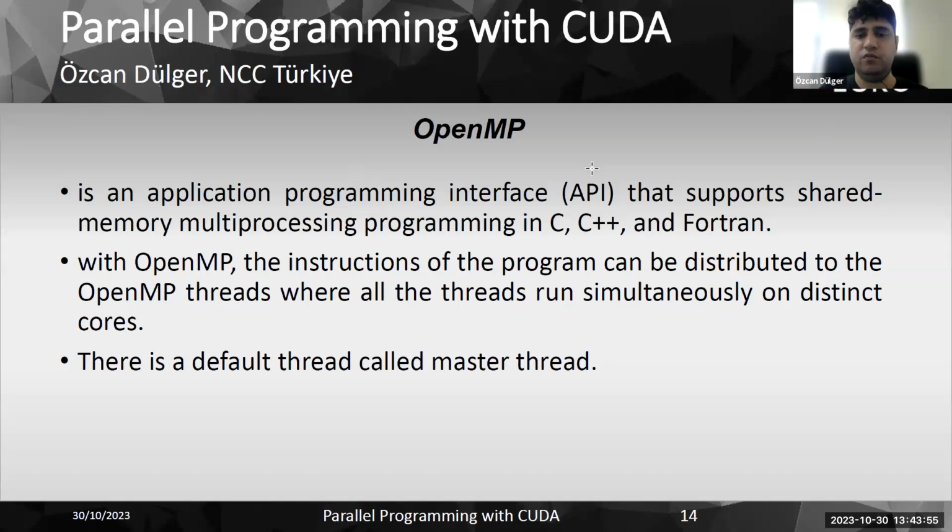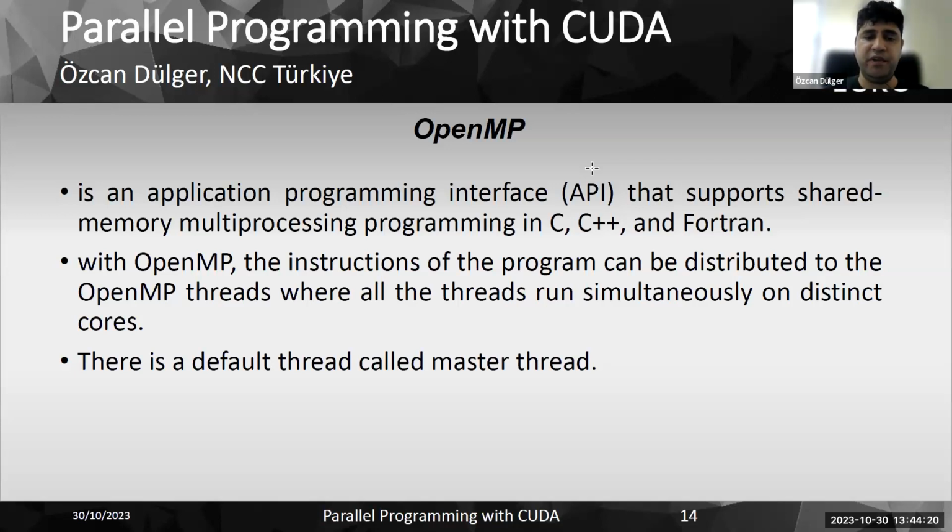In order to use the many cores efficiently, we have a programming API. OpenMP is such a kind of API, and it supports shared memory multiprocessing programming in C, C++, and Fortran.